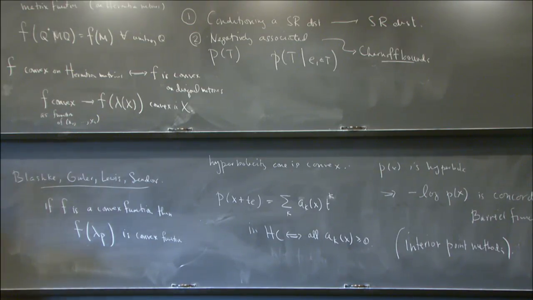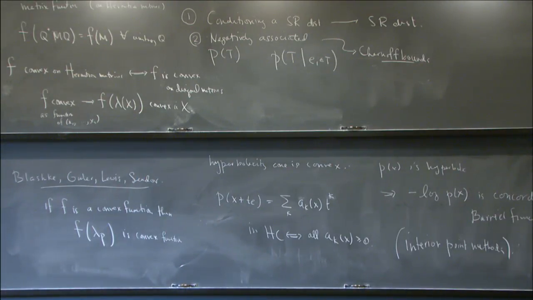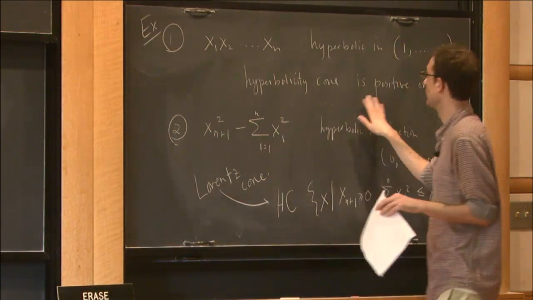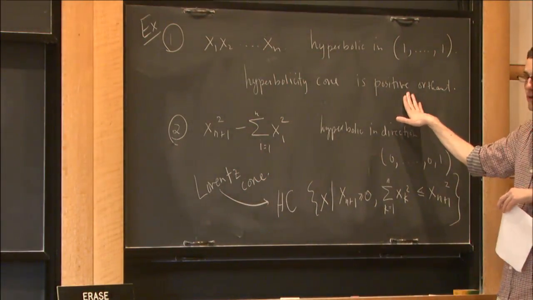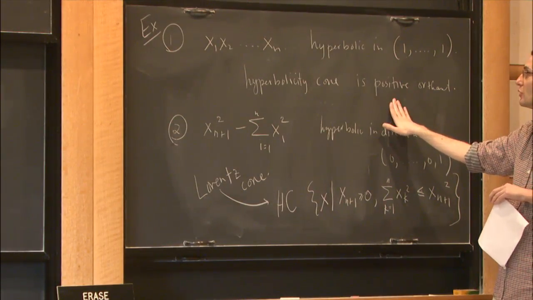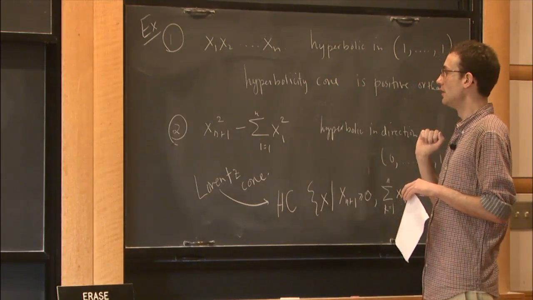So one of the big questions in this area is, in particular, linear programming is a version of hyperbolic programming. You're doing linear programming over this x_1 through x_n.